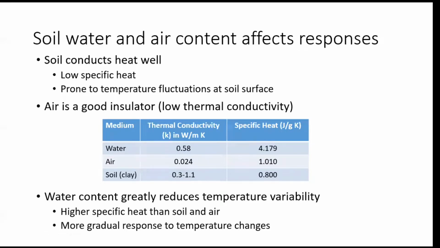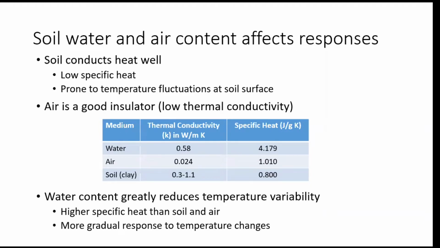The main difference that we see between water and soil with regards to how well it transfers heat is the specific heat. The specific heat is basically how much energy is required to raise 1 gram of that material by 1 degree Celsius or 1 degree Kelvin. We see that water is about 4 to 4.5 times more resistant to temperature changes than something like soil is.